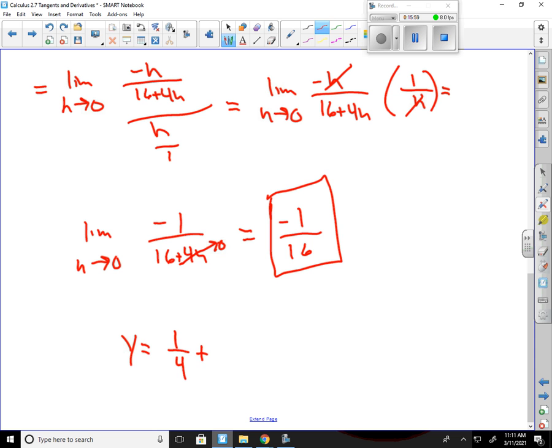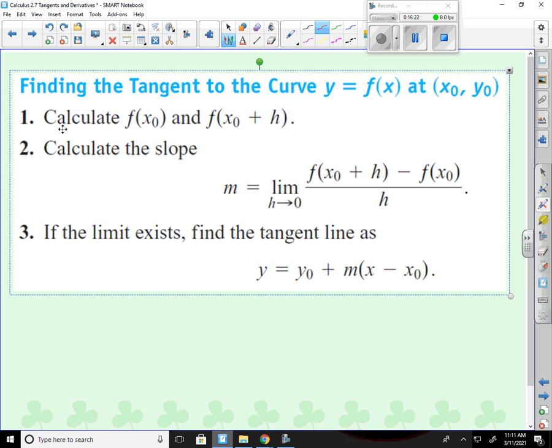And then that's plus our slope, so it's really minus 1/16, times x minus x naught, which was 4.